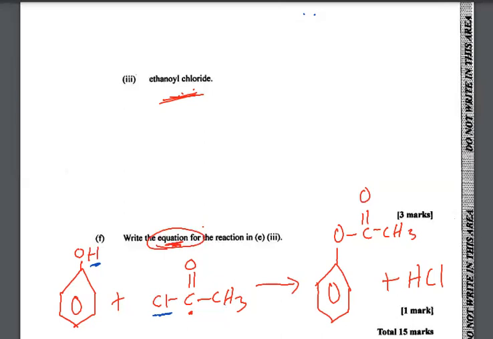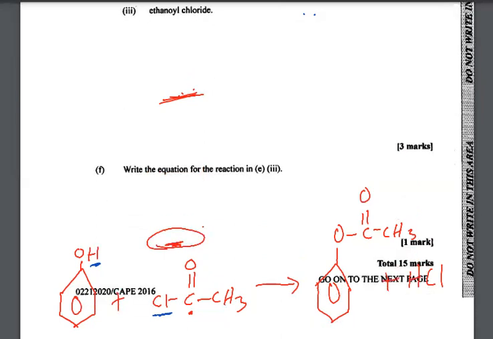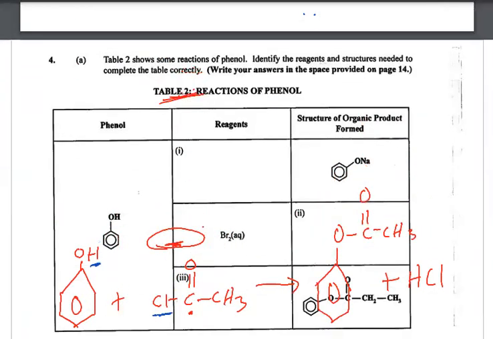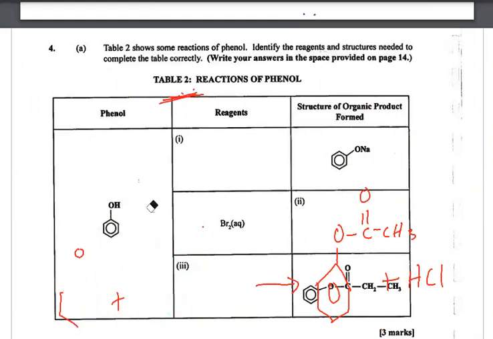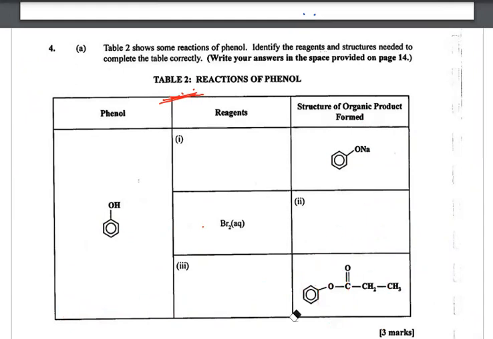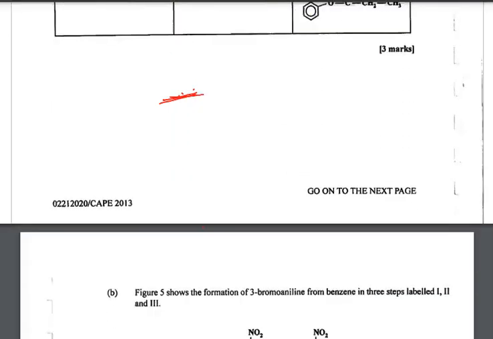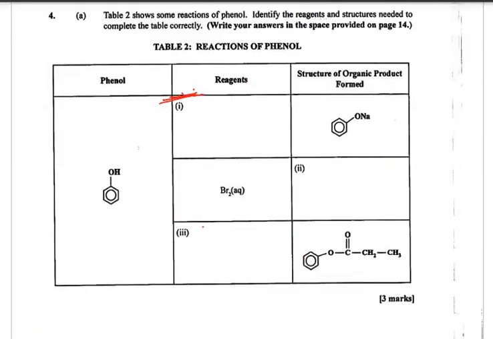All right, so let's go again. Let's just run through this quickly. Again, you can see that the questions are basically repeating themselves. Which year was this? Let me see. This is probably 2013.